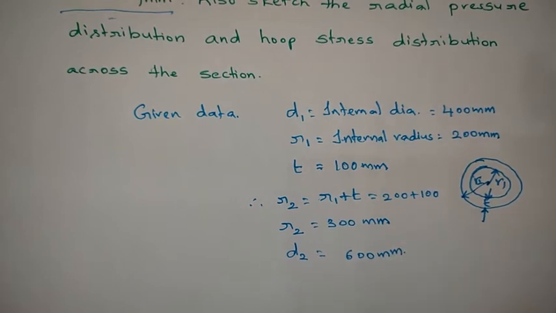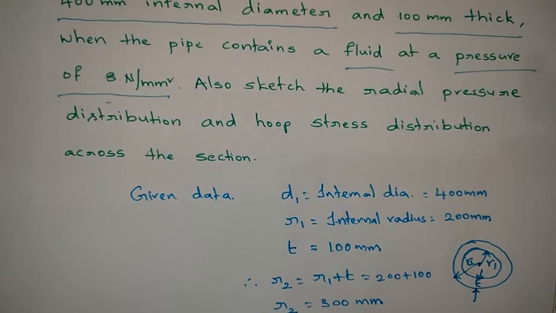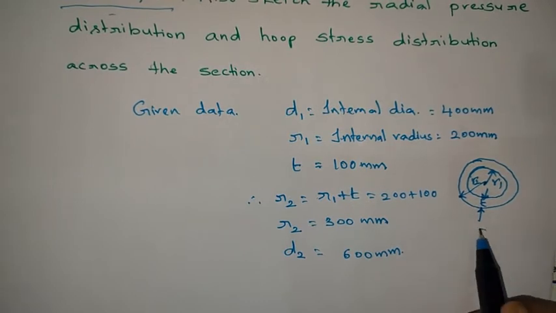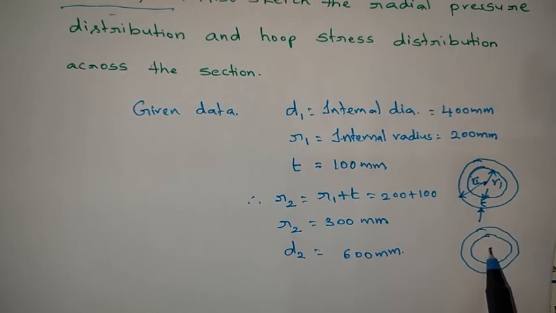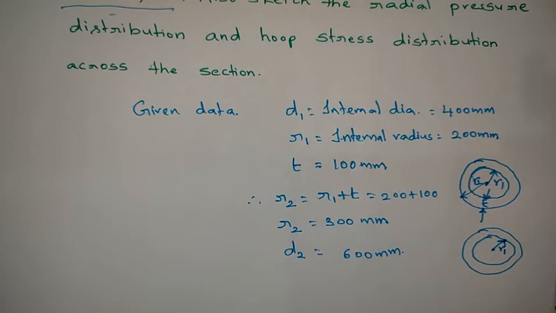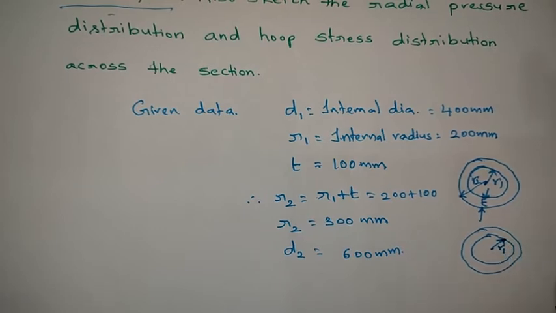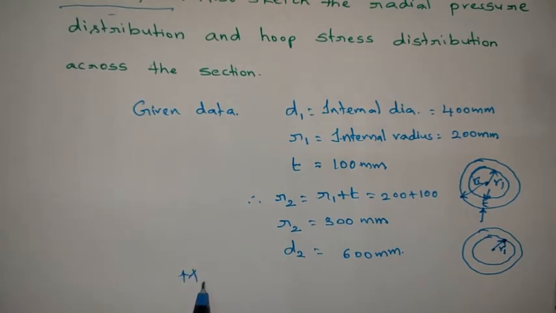Okay. And next internal pressure is also given. So that fluid pressure is 8 Newton per mm square. So in the thick cylinder, the pressure is acting inside the cylinder. So here, that means at a distance of R1, at the internal radius, the hoop stress is maximum. So the maximum hoop stress, the internal pressure at the stress is nothing but P0.